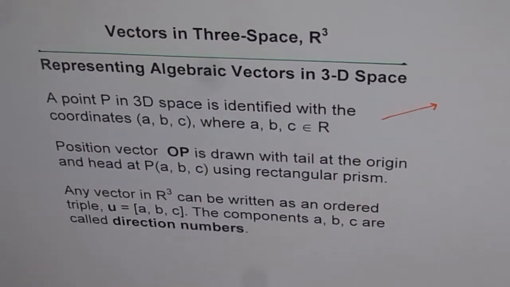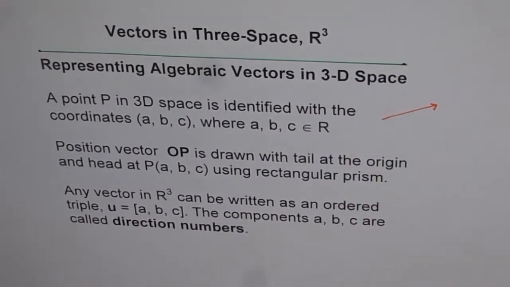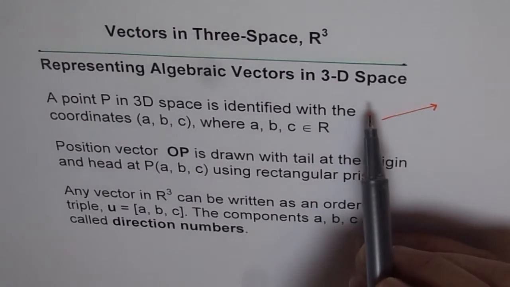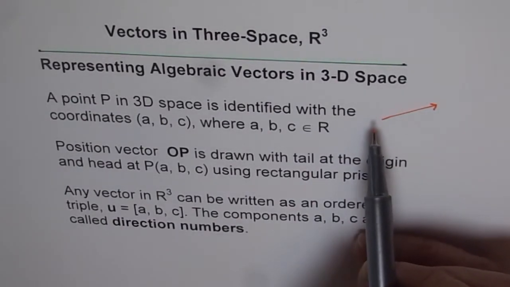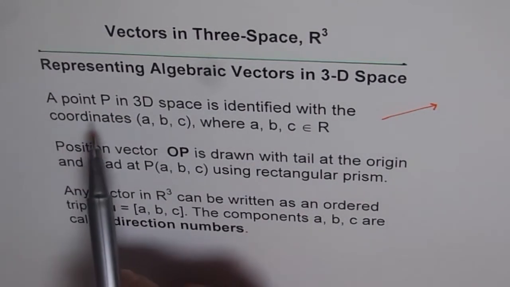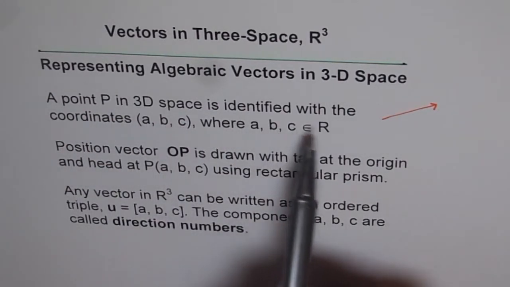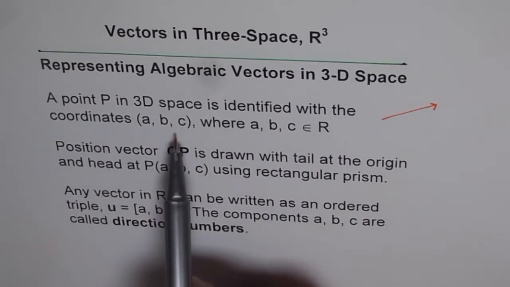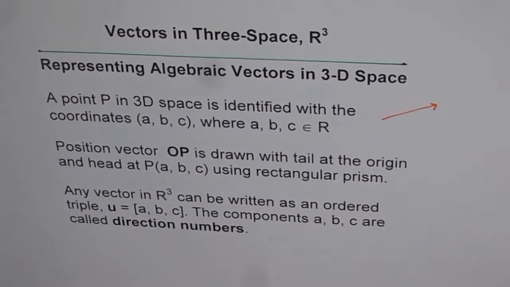When we say 3D space, we also use the term R3, which is 3 dimensions, okay? And these dimensions we normally will take along x, y, and z axis. A point P in 3D space is identified with the coordinates a, b, c, where a, b, c belongs to real numbers.